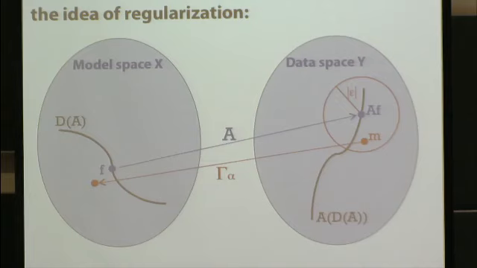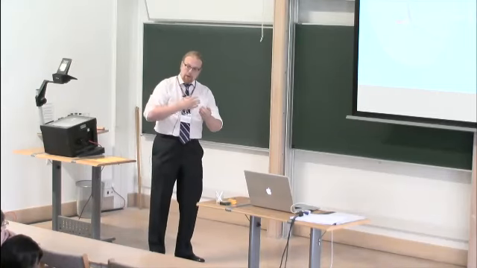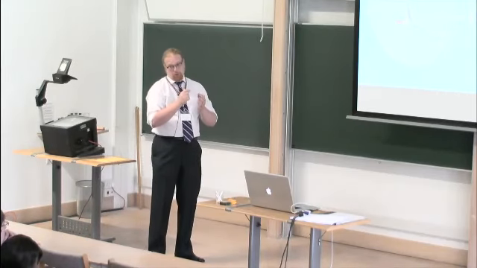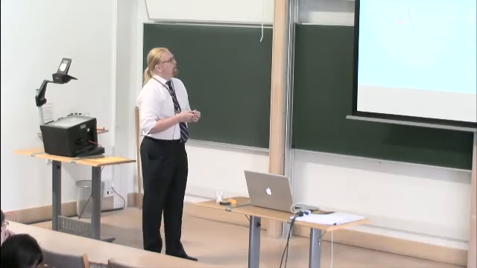And then there is the serious problem, Hadamard's condition number 3, continuity. The forward map A in inverse problems does not have a continuous inverse. And continuity is of utmost importance because data always has noise in practice. So whatever inversion we make, it must be continuous with respect to the data.